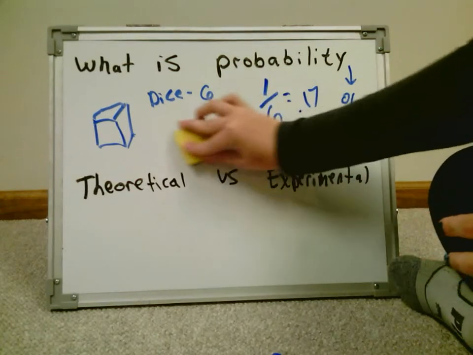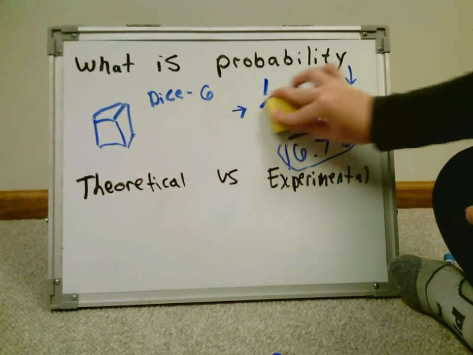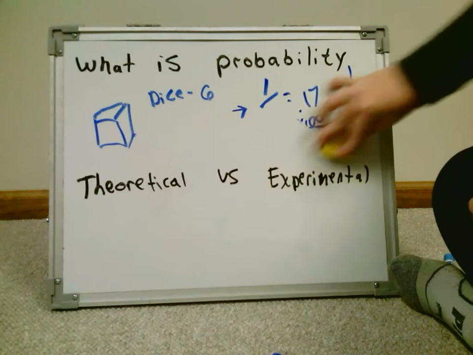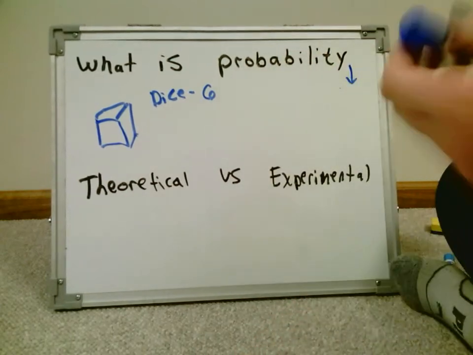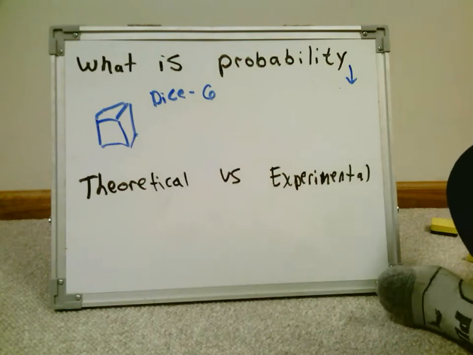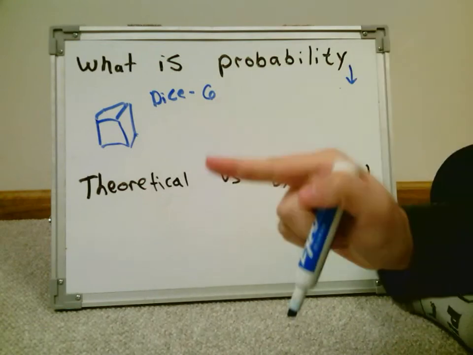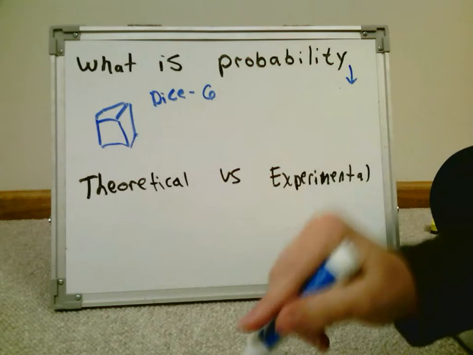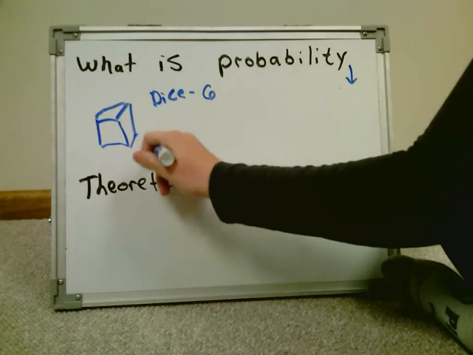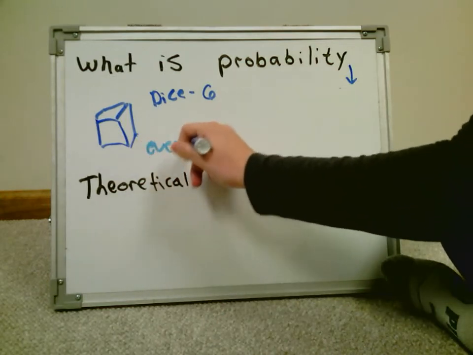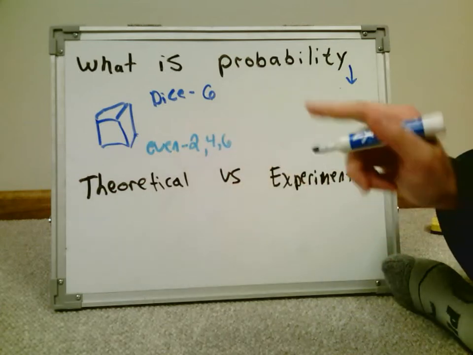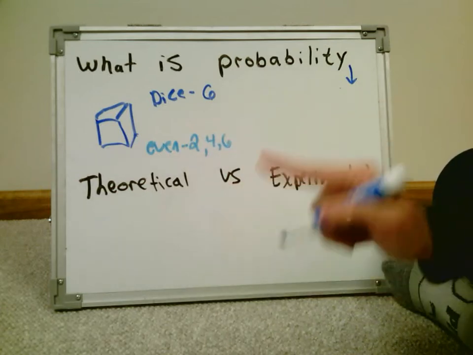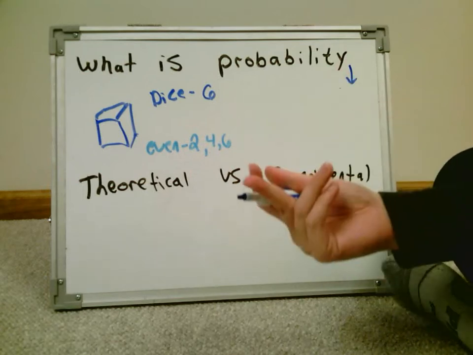But let's take a counterexample. Let's say that I was to make a similar bet, but this time I said, I'm going to bet $100 that I can roll an even number. So if I consider what are my even numbers, on a dice, I would have 2, 4, and 6. So on a dice, I have 3 possible outcomes that would be even.